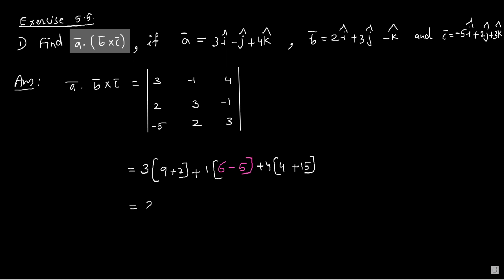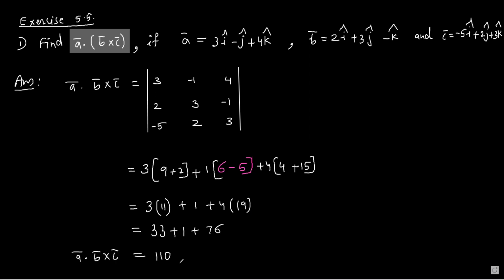So you get 3 into 11 plus 1 into 1 is 1, plus 4 into 19. So this is 33 plus 1, and 19 fours are 76. So you get 77 plus 3 is 80, 110 is what you are getting for a bar dot b bar cross c bar. I hope you followed it.